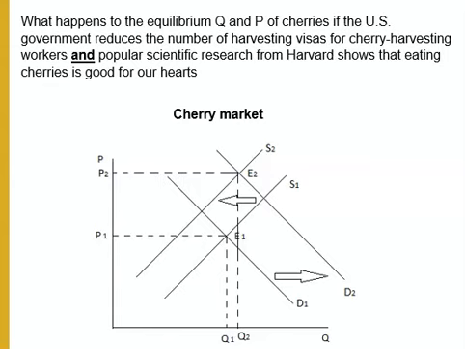So demand for cherries could increase. The demand curve shifts to the right from D1 to D2. The new demand curve D2 cuts the new supply curve S2 at the new equilibrium E2. At E2, the new equilibrium price is P2 and the new equilibrium quantity is Q2.